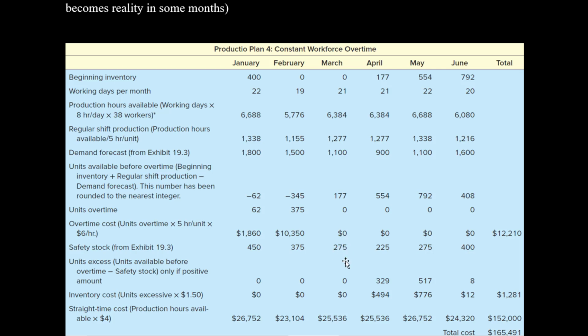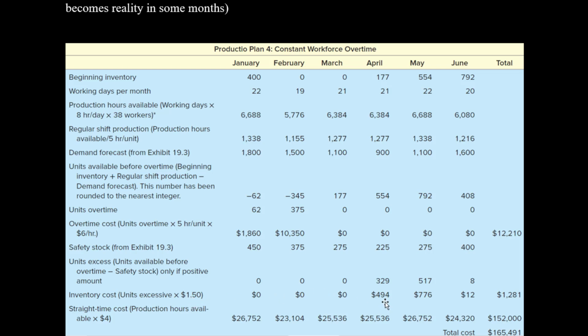So this will be your straight time cost. This 177 will be available in the next month, April. You will see that from March to June we will always have excess production, and whatever is more than our safety stock, here 554 minus 225, so 329, will be your excess inventory which you will consider for inventory carrying cost. Multiply that by 1.50, and you will have this inventory carrying cost.